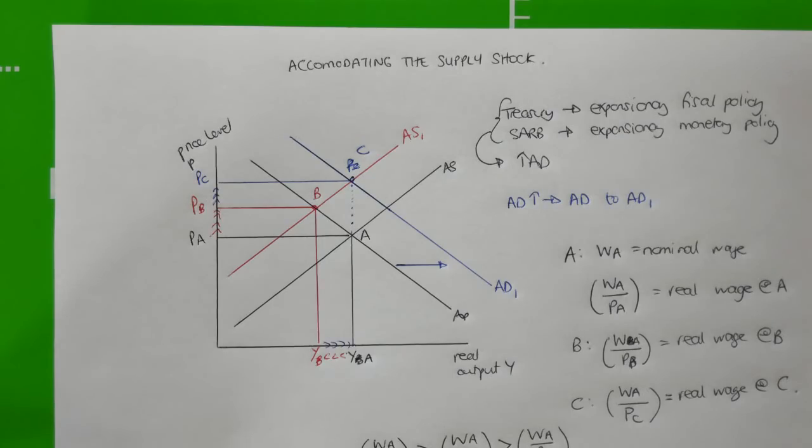Even when you follow a natural adjustment mechanism, the real wage falls. In that case, the real wage falls and the nominal wage has fallen. When you accommodate the supply shock, there is no change to the nominal wage, but the purchasing power of people's money does go down. The real wage falls as well.